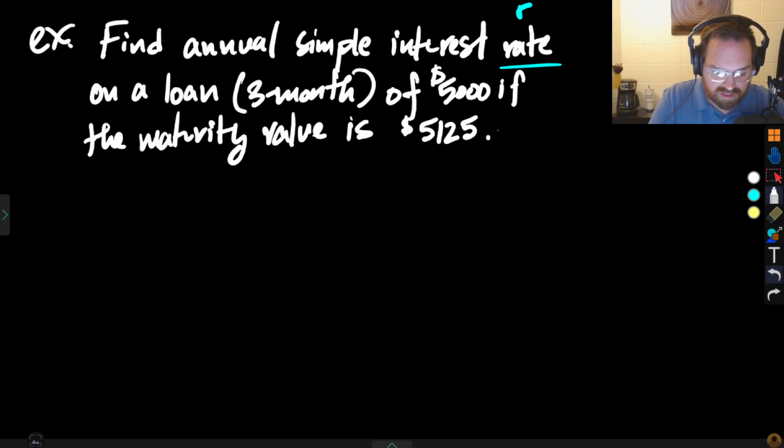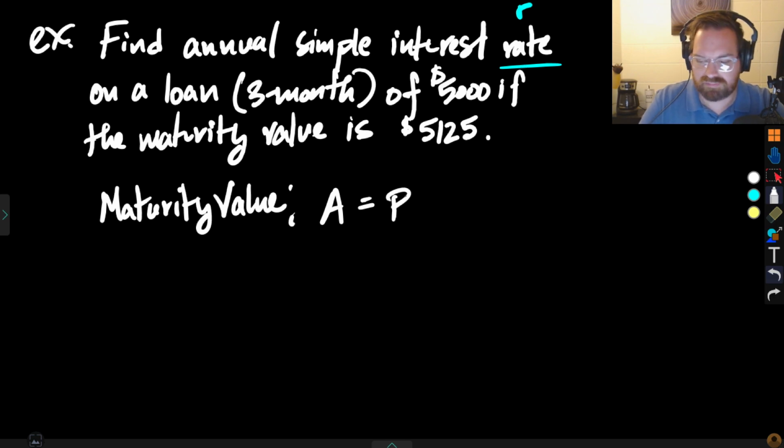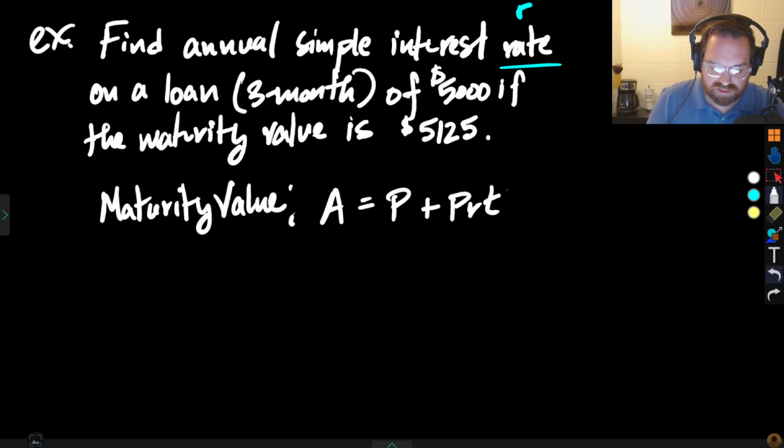Okay. So let's go ahead and write this out. The maturity value, we're using the formula A is equal to P, and I'm going to use that second one down to show you how this all works. We know the maturity value, which is the amount.